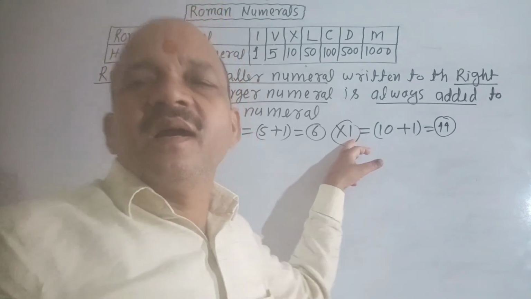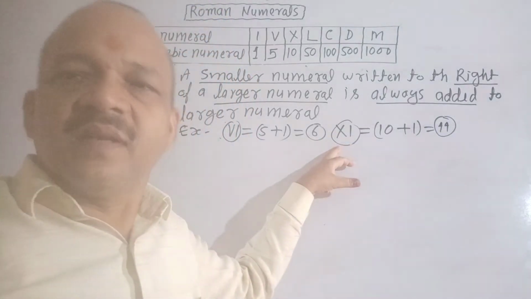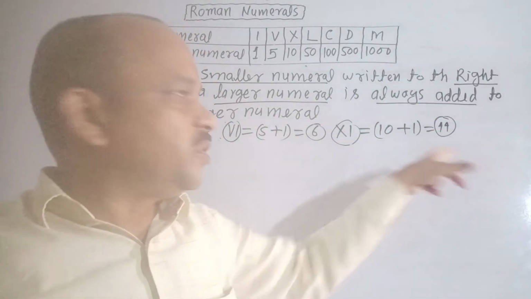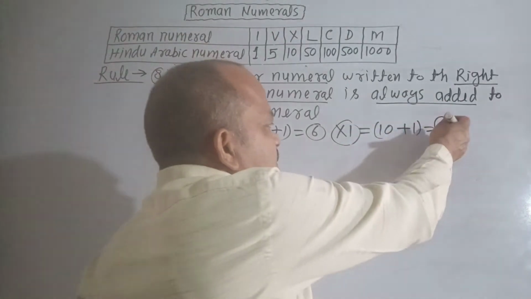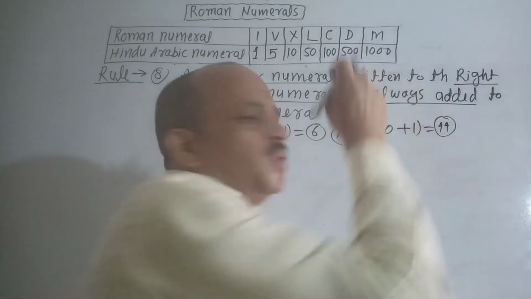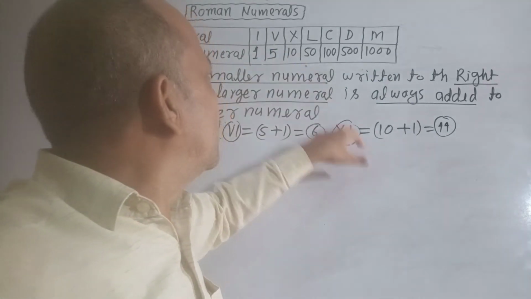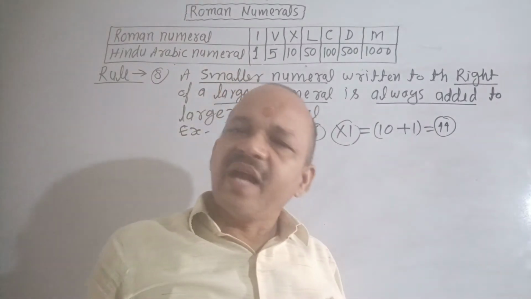Here I is smaller and X is larger. I is on the right side, so you add it according to the rule. It becomes 10 plus 1 equal to 11 because the value of X is 10, value of I is 1. It is clear.